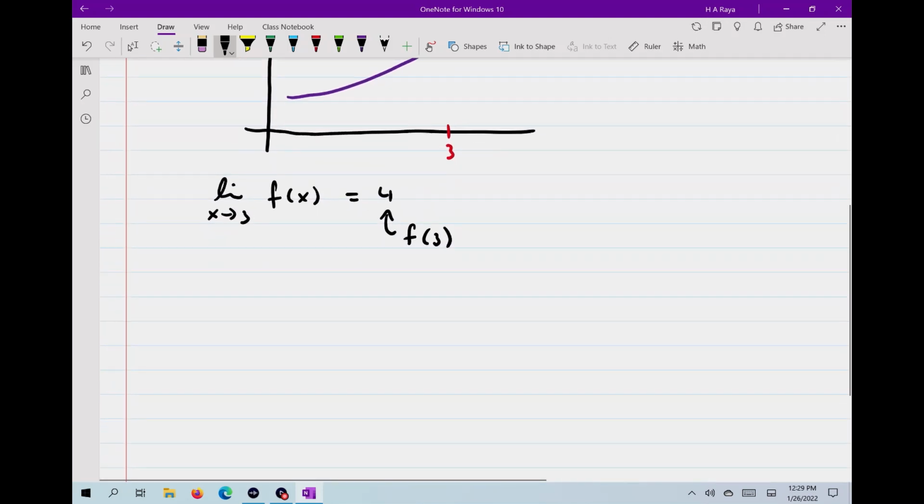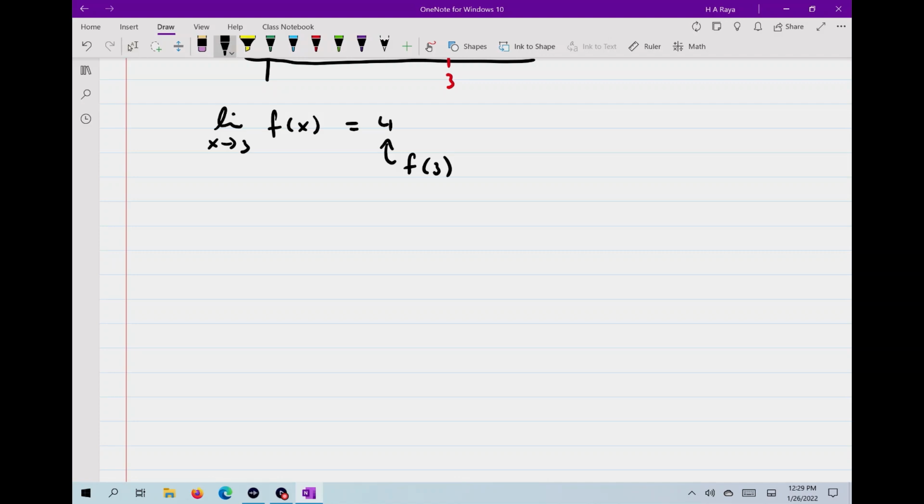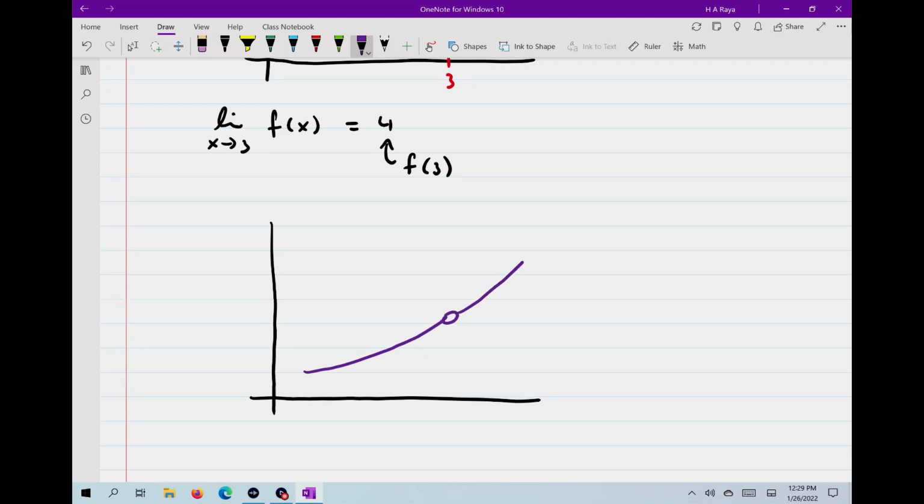Compare that to the following example. In this case, let's say our function looks like this. And again, we're looking at whether the function is continuous at 3.